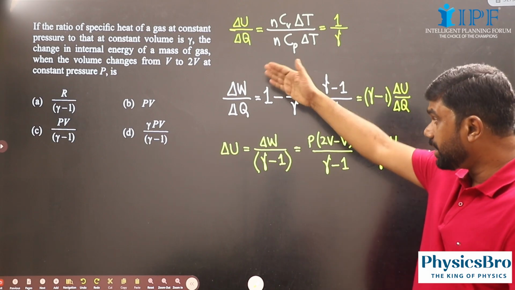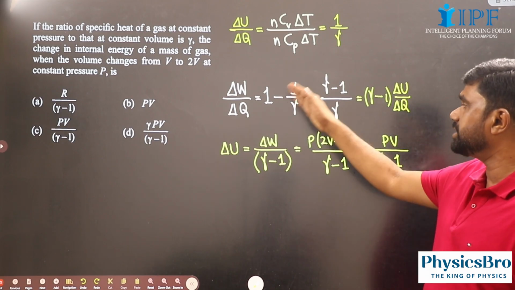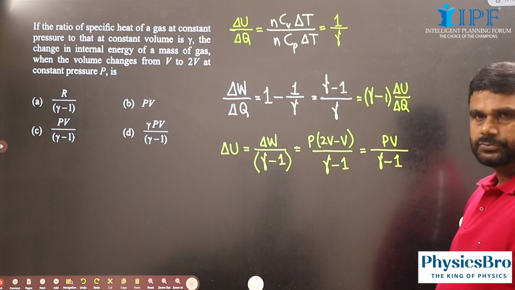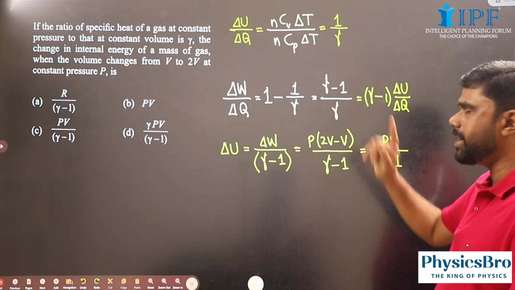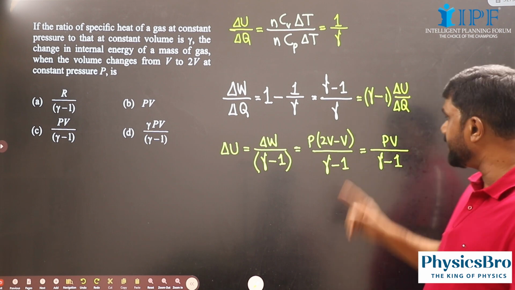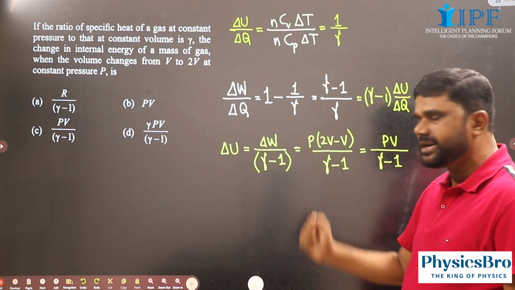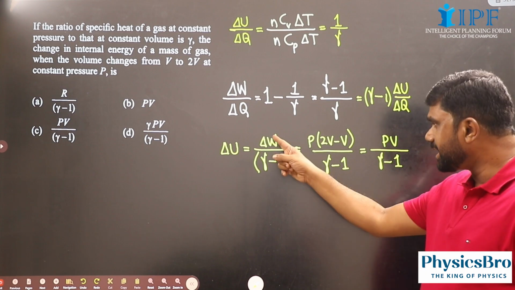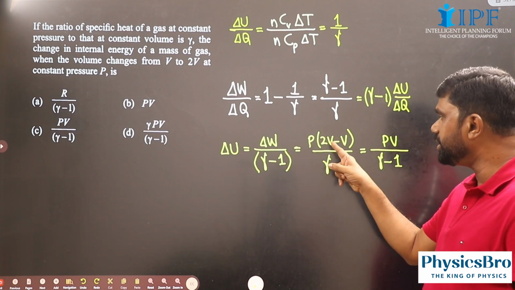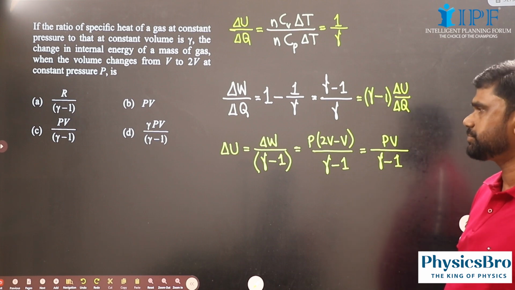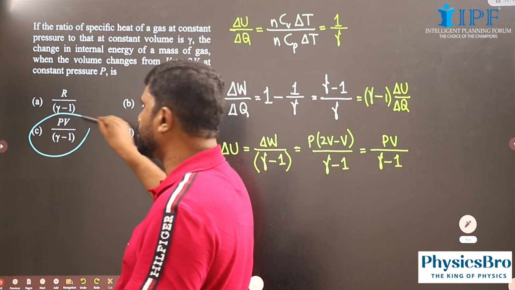And delta W by delta Q will be 1 minus 1 by gamma, or gamma minus 1 by gamma. Okay, children, this 1 by gamma can be replaced by delta U by delta Q. So you will get delta U equal to delta W by gamma minus 1. And delta W is P into (final volume minus initial volume). So PV by gamma minus 1. So this must be the correct option.